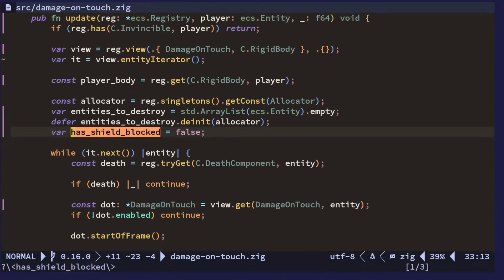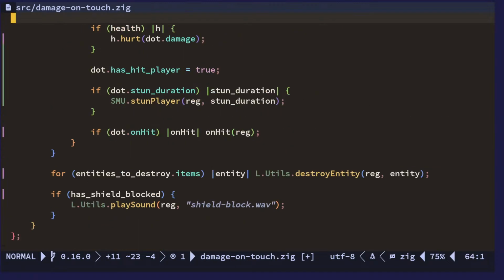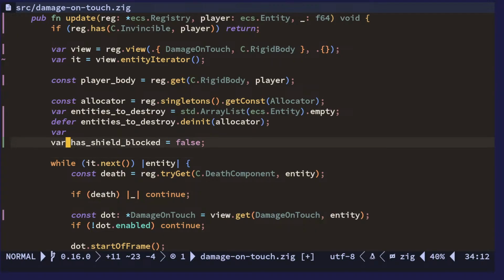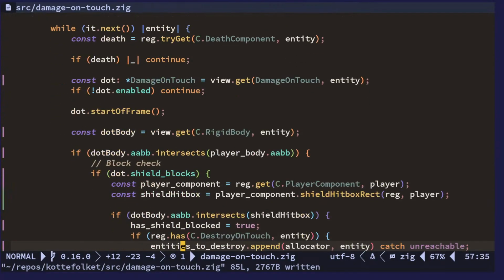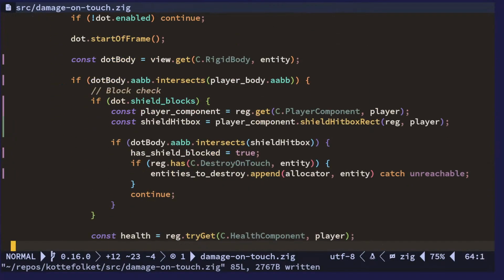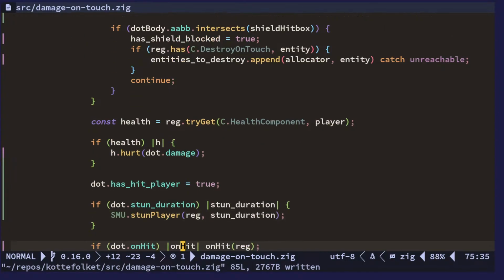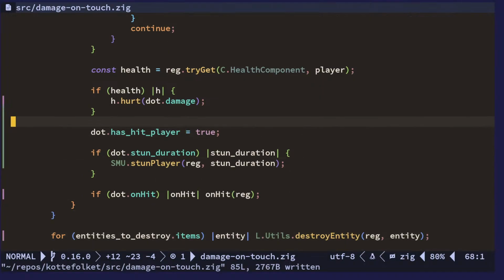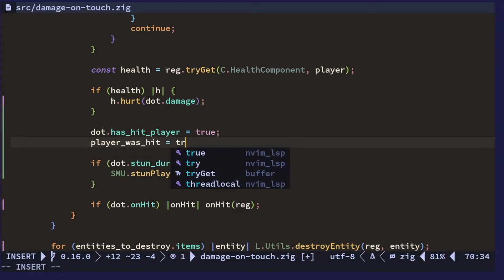And yeah, so essentially, we still want to do that shield effect, even if the player has already been hit. So player was hit is true.